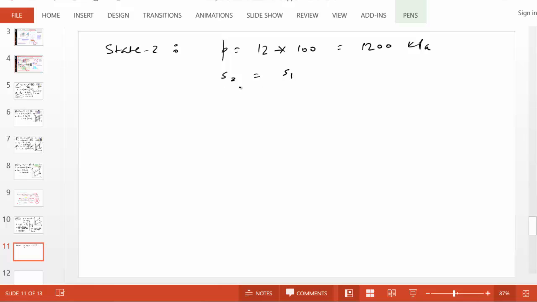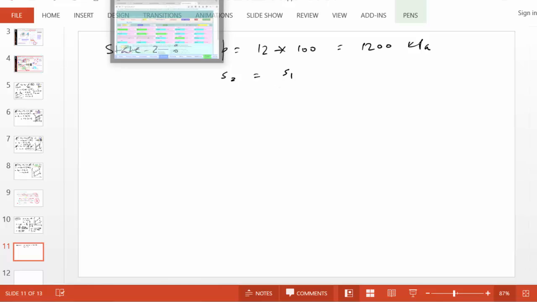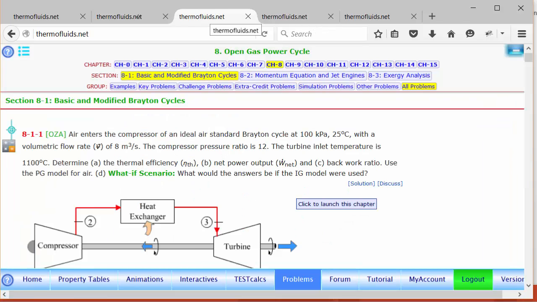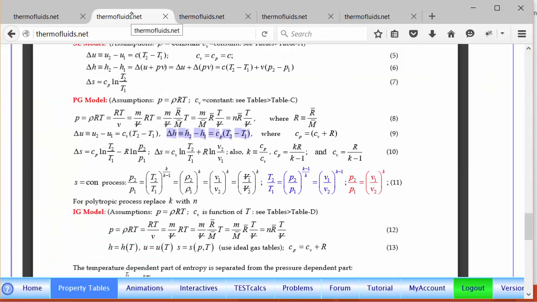If the process is isentropic, we can go back to our formula sheet, which I believe is on this tab, and you notice that if entropy remains constant, we have a constant entropy formula for the PG model, and this equation 11 is a very important equation.